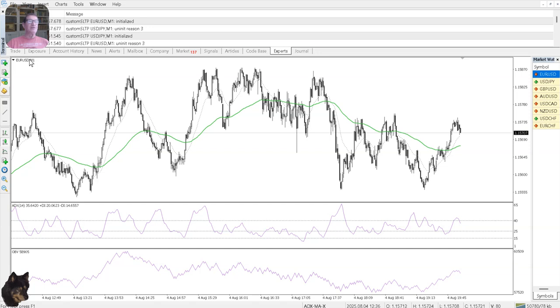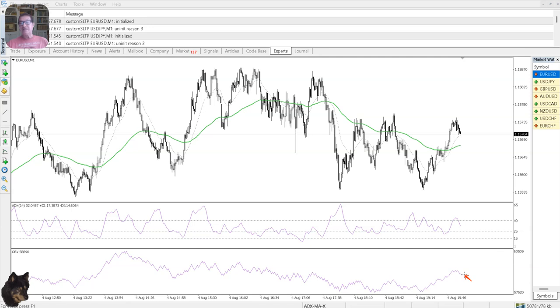I am currently at the Euro USD 1 minute. Start at the bottom, as I can tell already because I've now done this for a long time. The OBV is heading down, meaning sellers are starting to come into play. The ADX tells me the trend is still good, but it's starting to point downward. And right here, we're sitting at an even keel, pretty much plus 17, minus 17, and a few points.